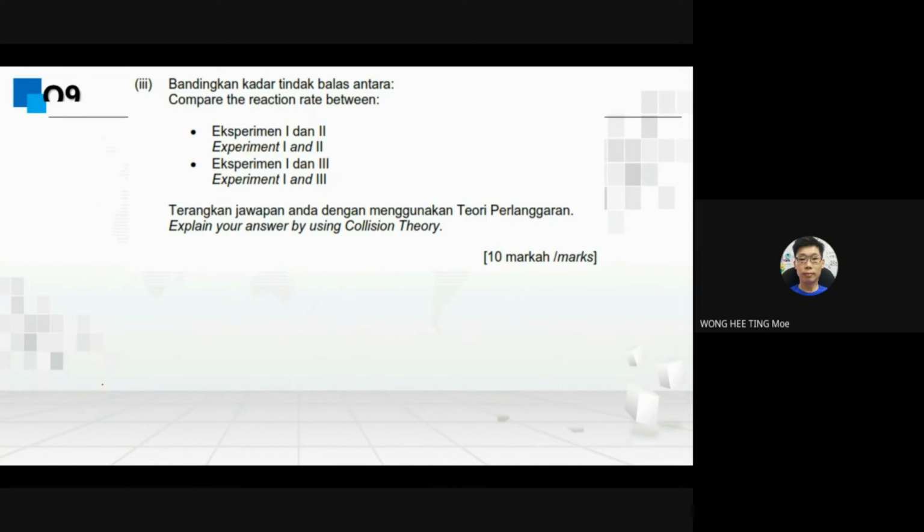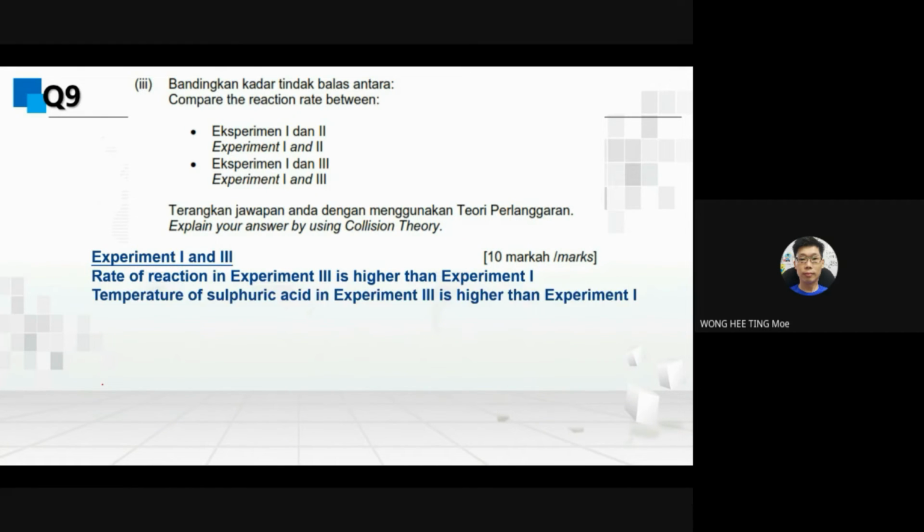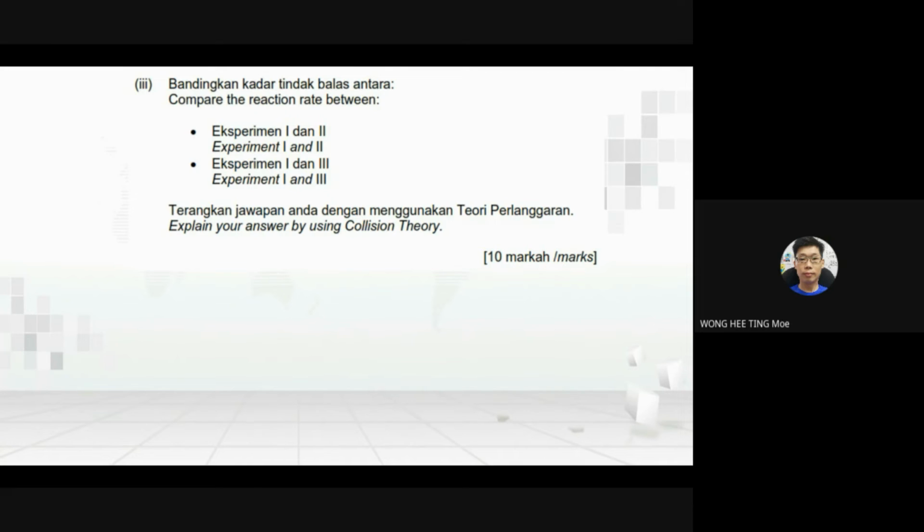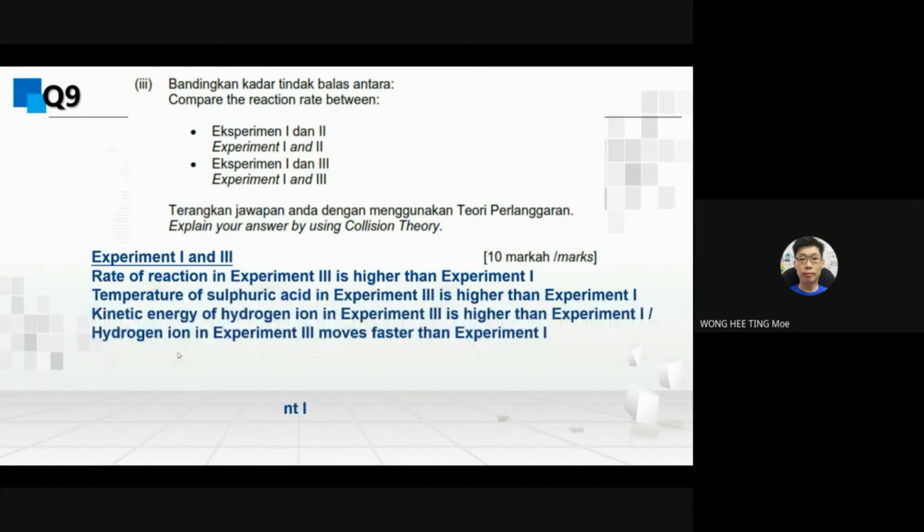Okay, next, 1 and 3. The rate of reaction in experiment 3 is higher. The concentration of sulfuric acid is the same, but the temperature of experiment 3 is higher than experiment 1. Next, the kinetic energy of the hydrogen ions in experiment 3 is higher than experiment 1, or the hydrogen ions move faster than experiment 1.